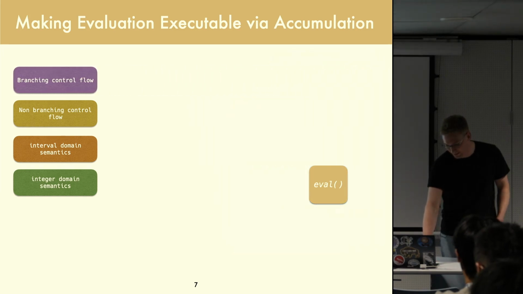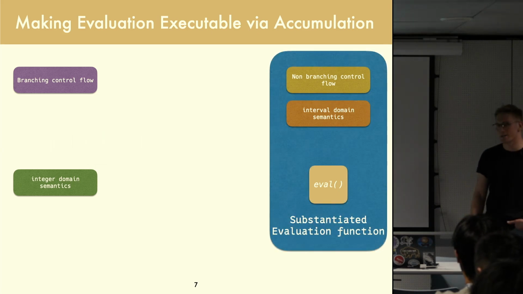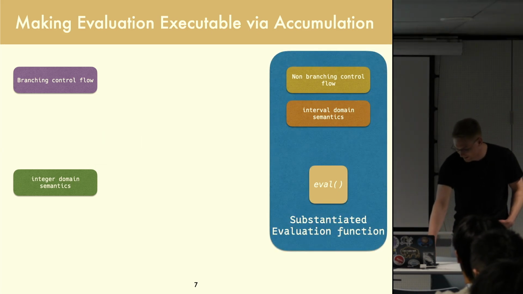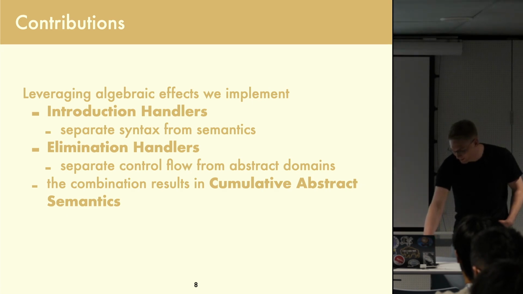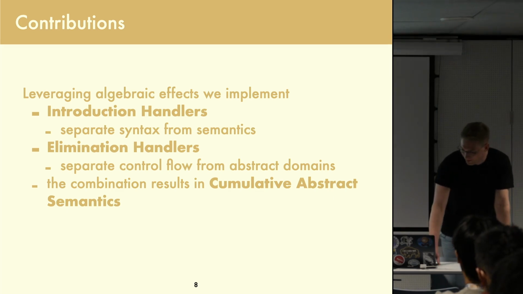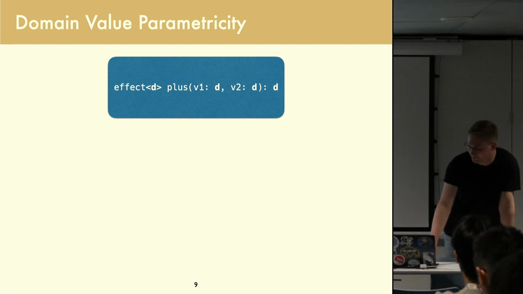However, if we pair non-branching control flow with the interval domain semantics, we get a substantiated abstract evaluation for this little language. Our main contributions are using algebraic effects to implement introduction handlers and elimination handlers, and then combining both to get what we call cumulative abstract semantics, because you can accumulate these components without rewriting or revising your evaluation function.